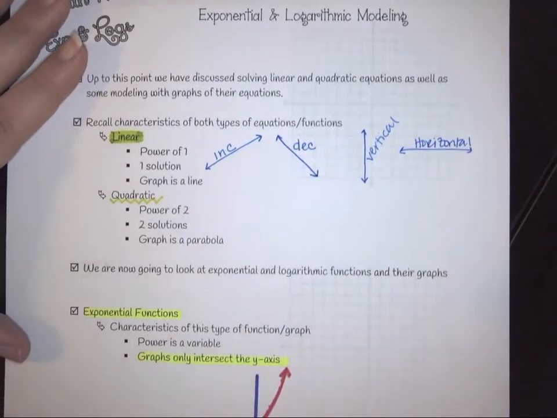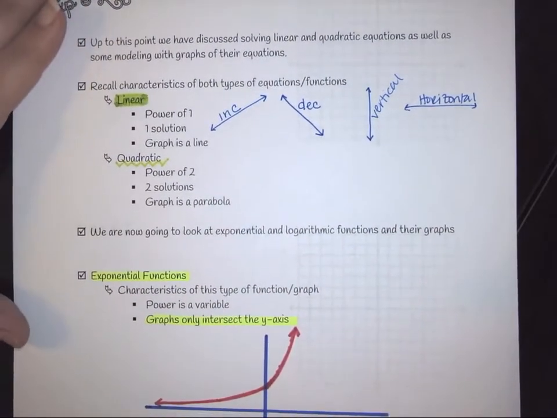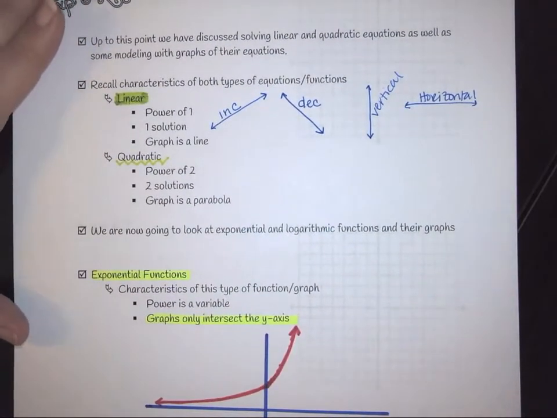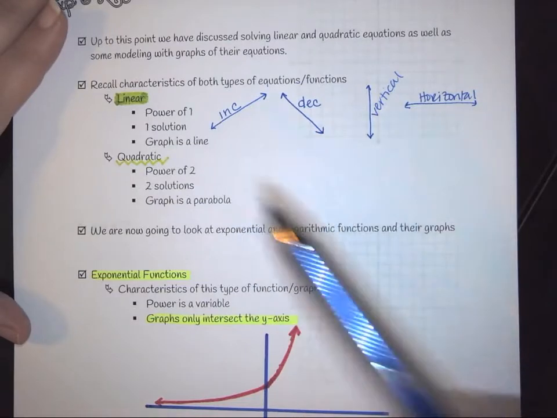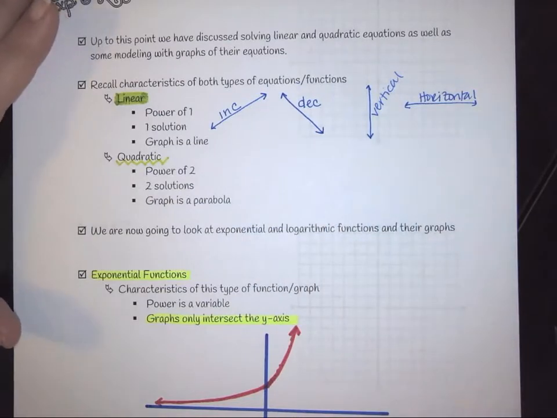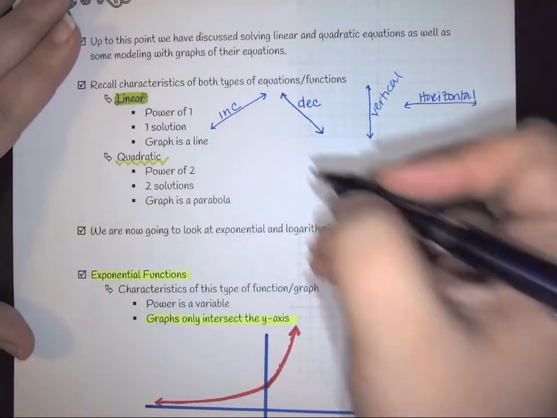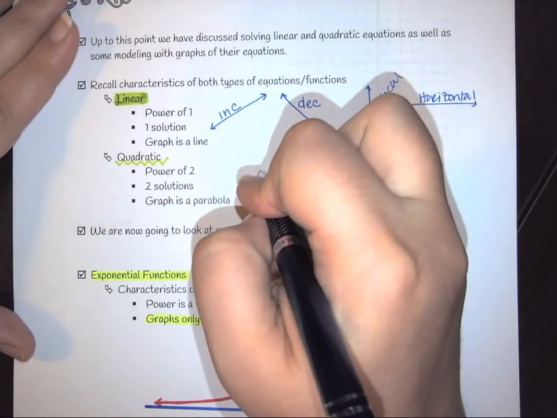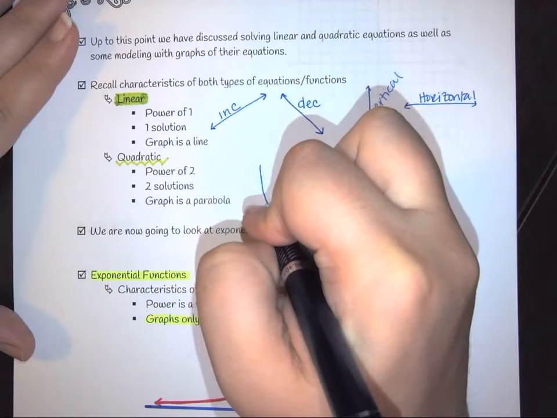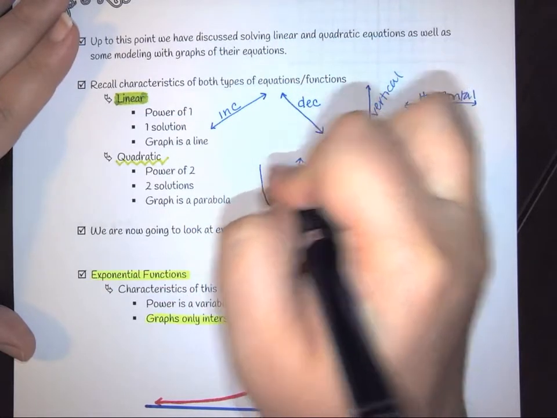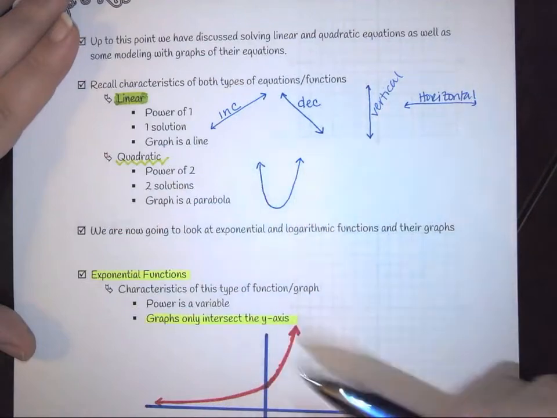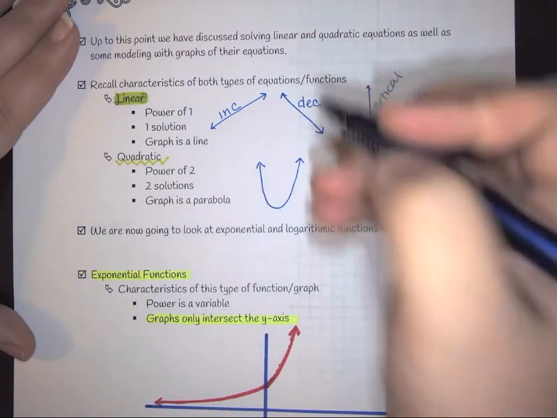We then moved into quadratic. Quadratic again is the power of 2. It's where we have 2 solutions, and the graph here is a parabola in shape. So if you remember your parabolas, we have 2 versions of them. We either have that it opens up, in other words, the arrows point towards the top of your page.